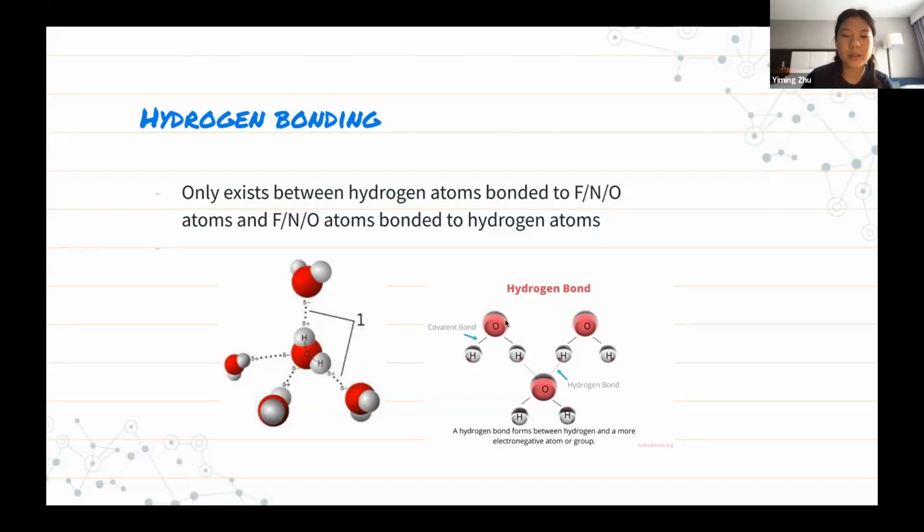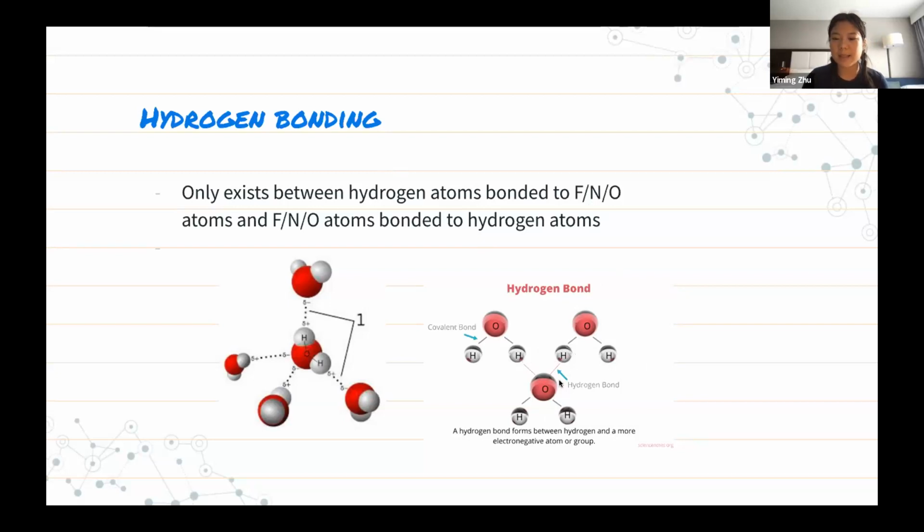Here's the oxygen and then the two hydrogens. We'll just use this one instead because it's labeled, but the oxygen and two hydrogens, and then the oxygen over here. So in this case, the hydrogen atom is bonded to the oxygen atom.